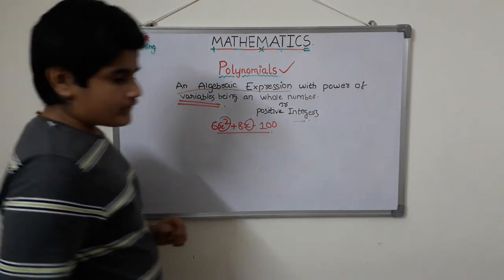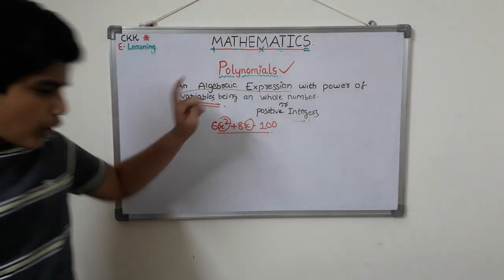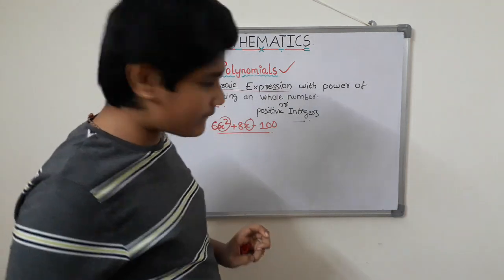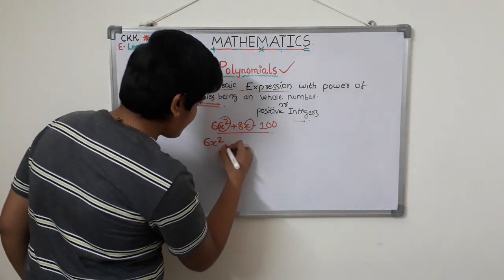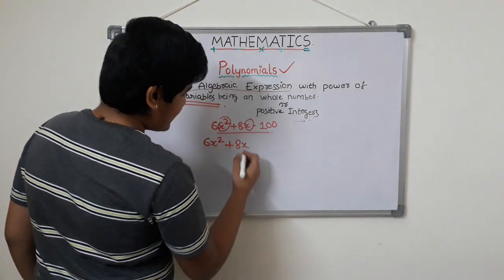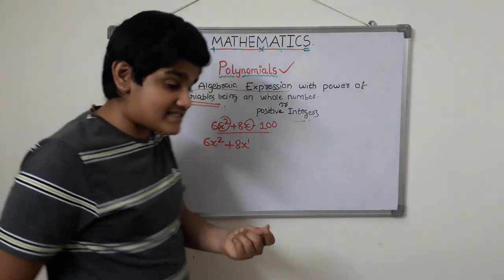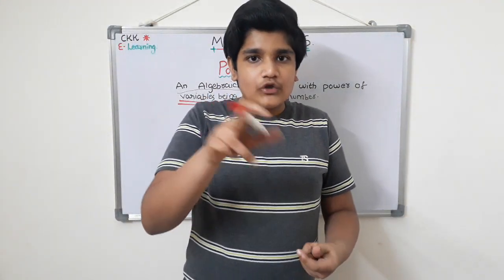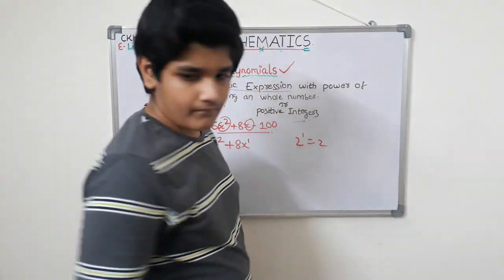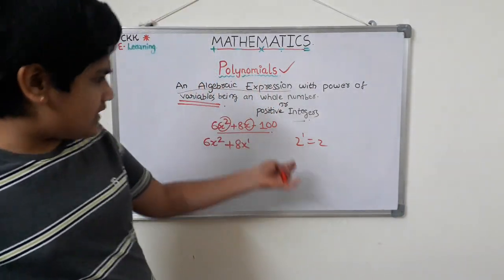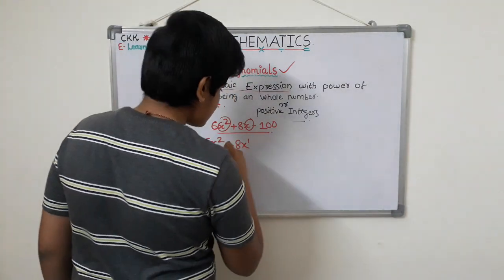Is the power of the variables here a whole number? Yes or no? I will write in full form: x square plus 8x. x means x power 1. Anything to the power of 1 is the same number. 2 power 1 is 2, and in the same way x power 1 is x.